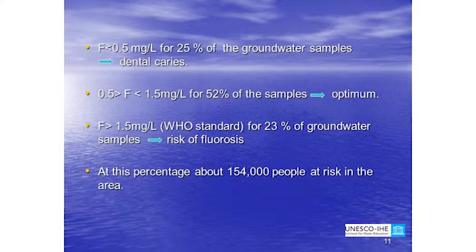Now, from the study, it came out that 25% of the samples had fluoride values below 0.5 milligram per liter, and people who consume that type of water may have dental caries. 52% were okay, that is, they had concentrations between 0.5 and 1.5 milligram per liter, which is what is required by WHO standards if you don't want to have any problems.